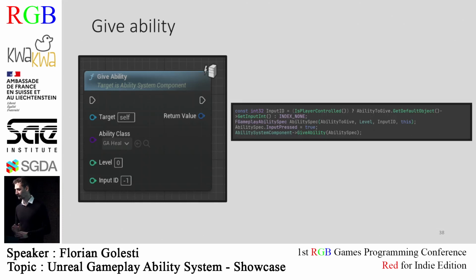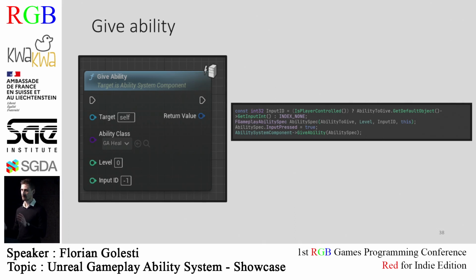To give an ability, it's quite simple. You just have one blueprint node or a few lines of code to do that. You just set the actor, so the ability system component, which will be the target. You then set the ability and you define the level, because it's at the give ability that you define the level of the ability.